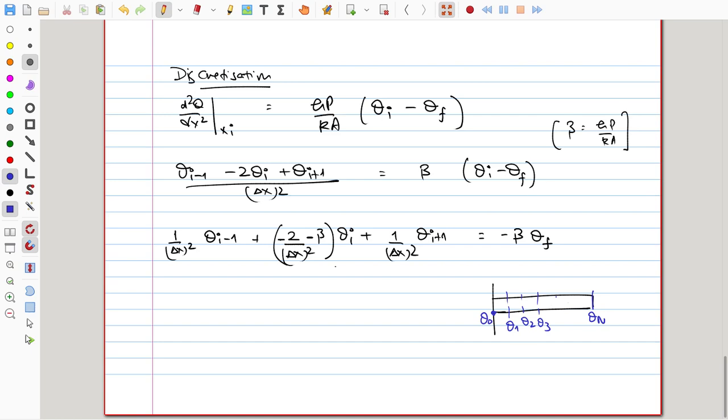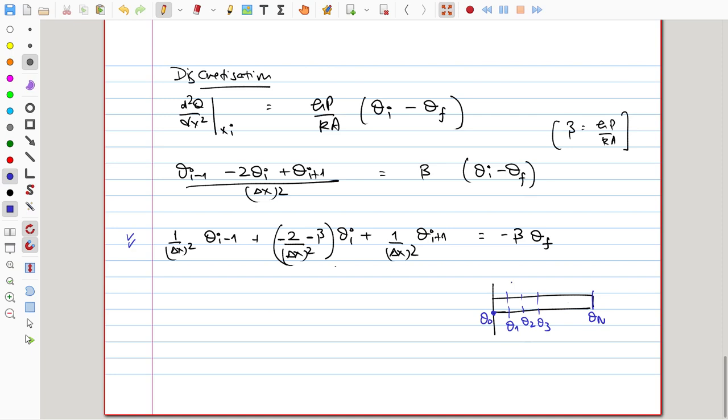So if you have n plus 1 unknowns, how many equations do you want? Linear equations, n plus 1, right? So how many equations do we actually have here? If we apply the governing differential equation on all the interior points, how many equations do we have? N minus 1.